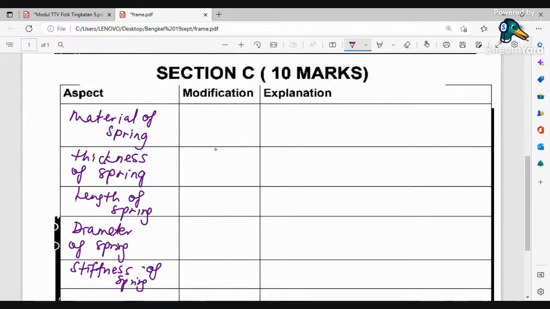So always write down all the aspects first. 5 aspek senarai dulu. Dan modification baru masuk.